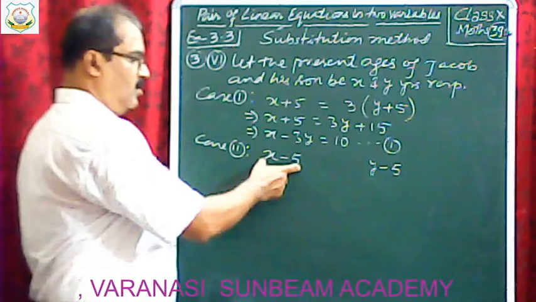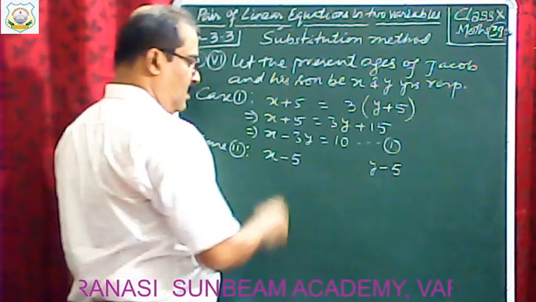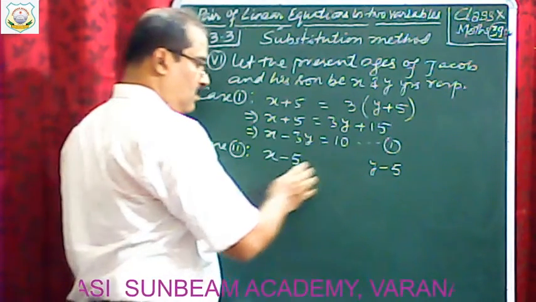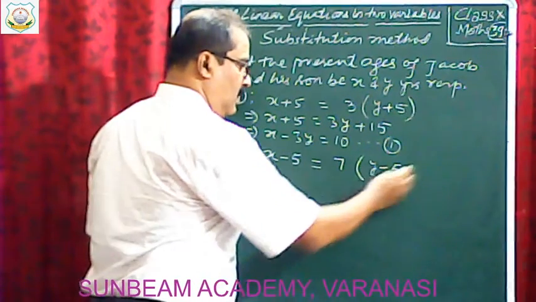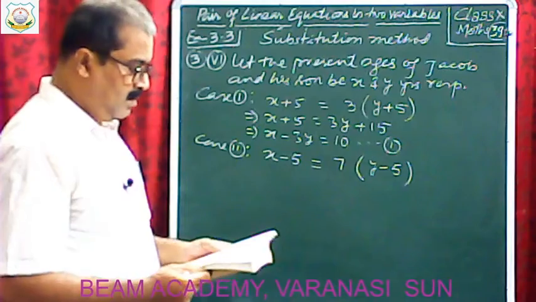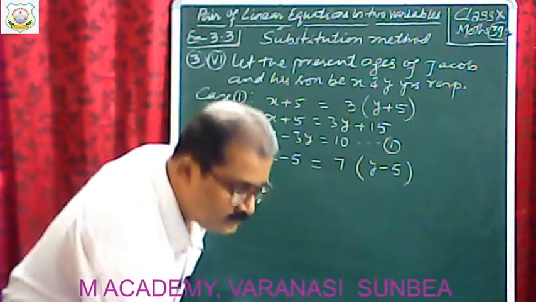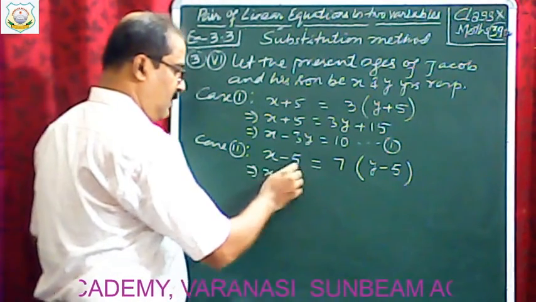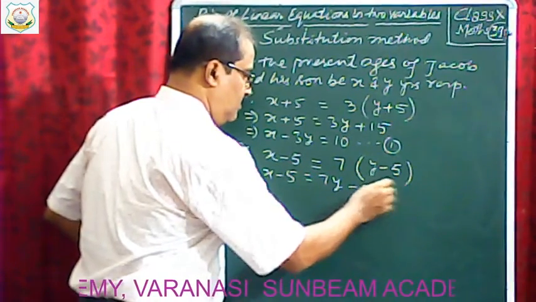So the age of Jacob 5 years ago was equal to 7 into the age of his son, Y minus 5. In this way, you have to form the equation. Okay. Now simplify. X minus 5 equal to 7y minus 35.